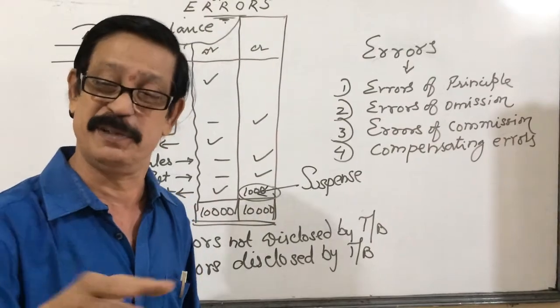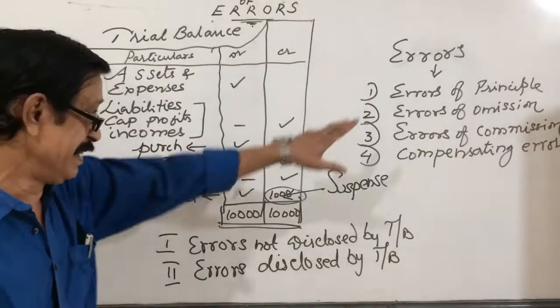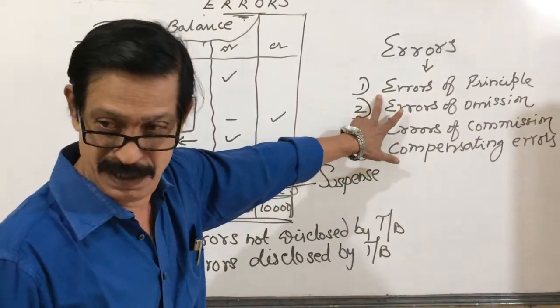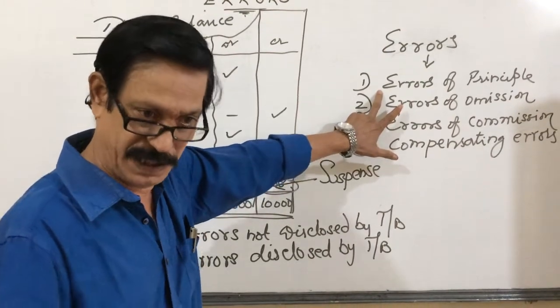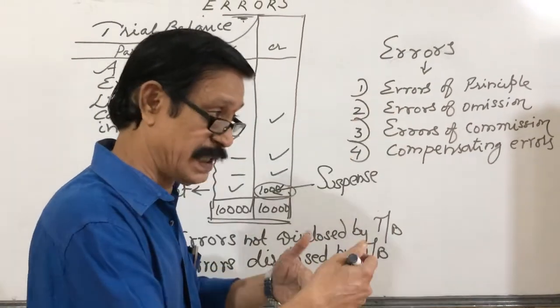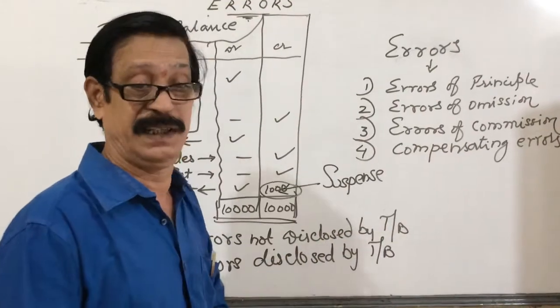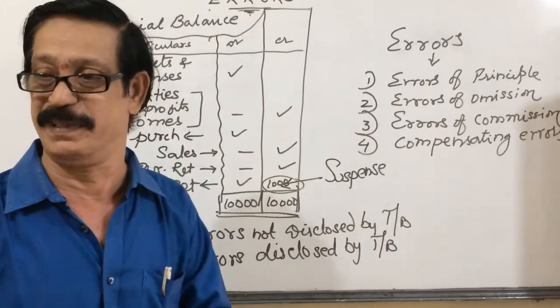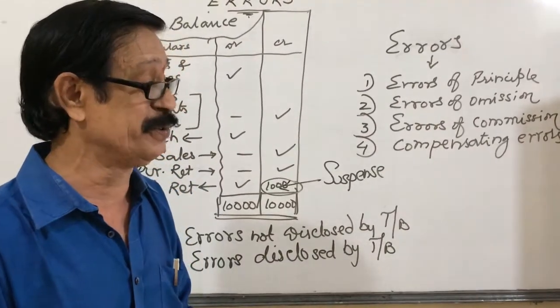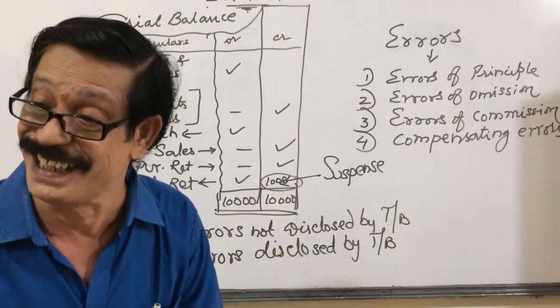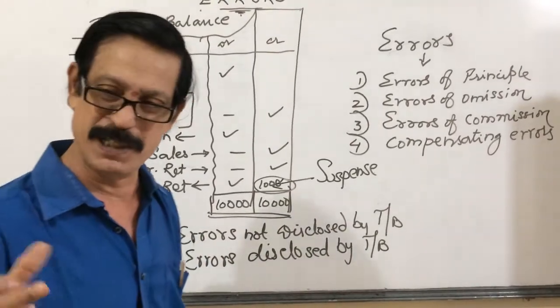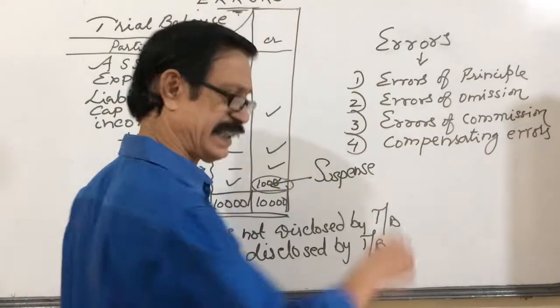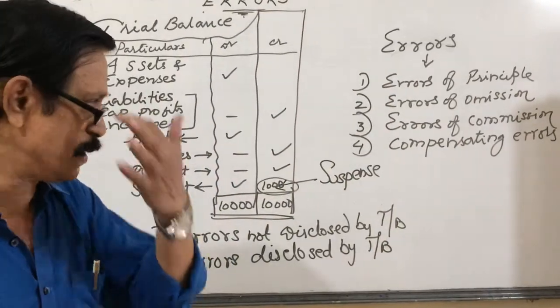But by mistake they debited to owner. Such an error is called error of principle. Understanding or not? The error is made in the principle. They don't know nominal account must be debited. They debited the receiver. Owner is the receiver. That's why they debited. So principle is wrong. That errors are called errors of principle.